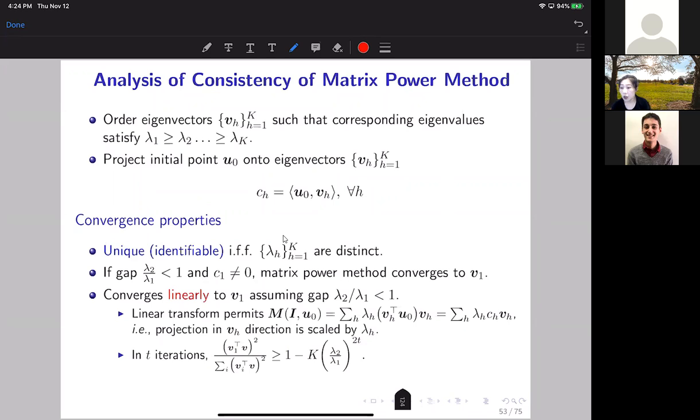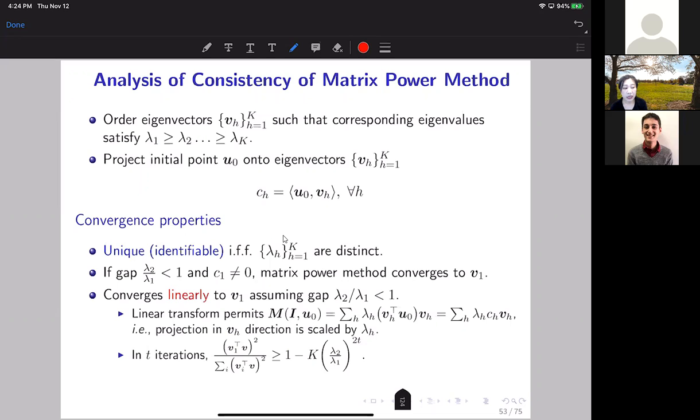The convergence property is actually very nice. First of all, it's uniquely identifiable if and only if the lambda_h's are distinct, so they're not equal. This is just a review to remind everyone of the unique identifiability.